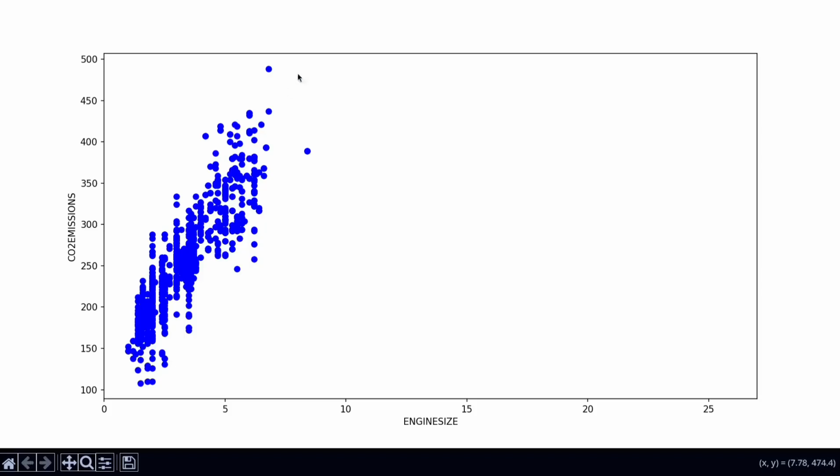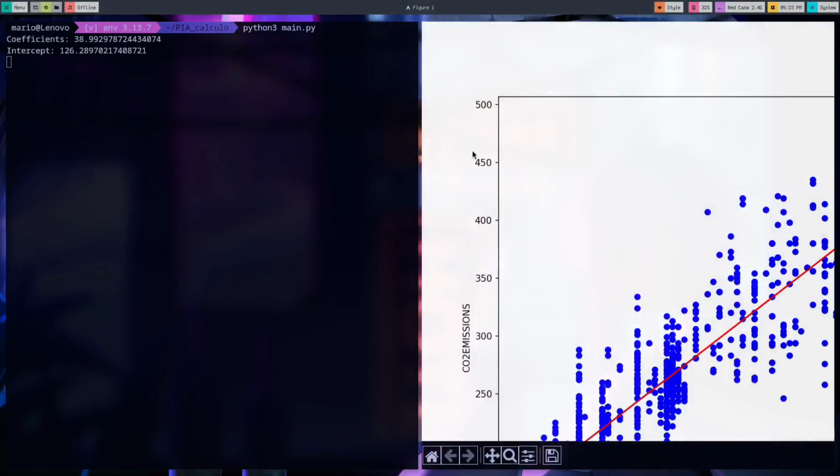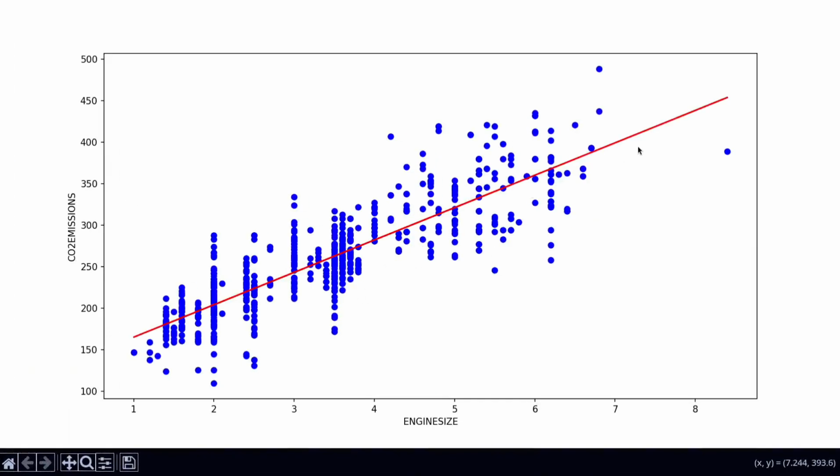It's not possible, and that's why linear regression is such a good option. So after finding these values, as we can see, we get the coefficients. This is the slope and this is the intercept. By making a linear function with this data, we get something like this.